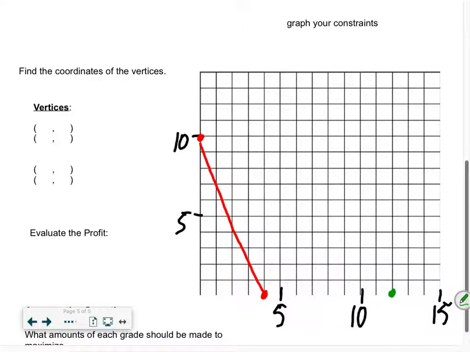And then 12, 0, and 0, 6. And I'm less than both those lines, right? So I'm under both of them. So I am right here.